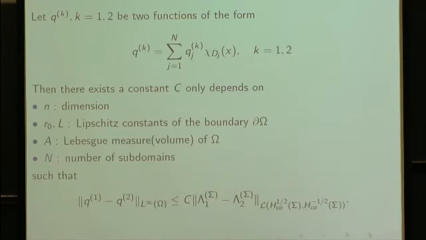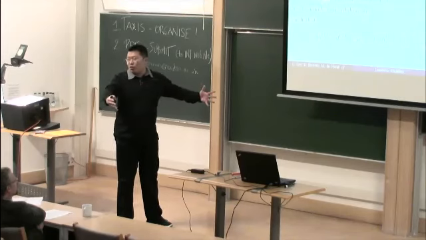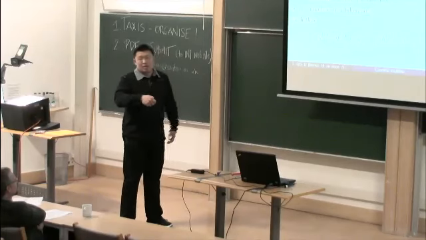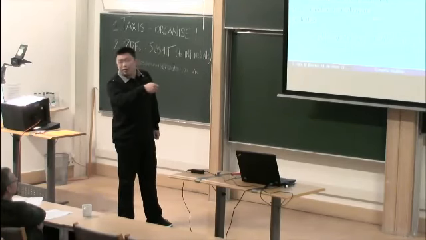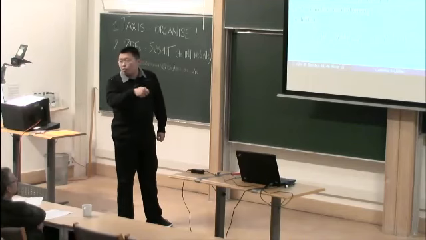So usually for a problem, I think the dimension is 2 or 3, fixed, and for now we fix R0 and L. And A is not that important. It's just the volume of the whole domain, and it's given, so we can say this one is fixed. But the capital N, the number of subdomains, plays a very important role here.